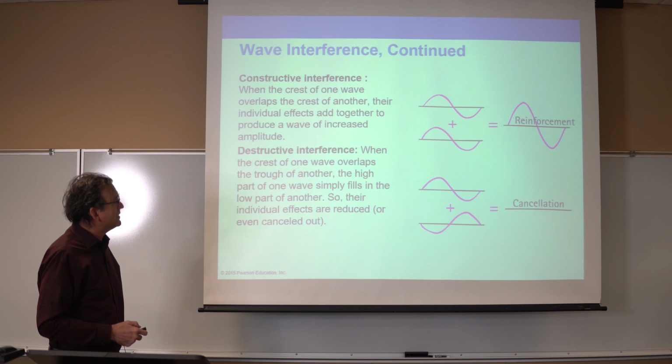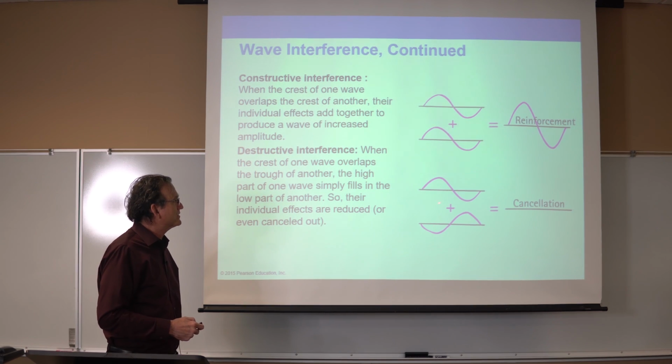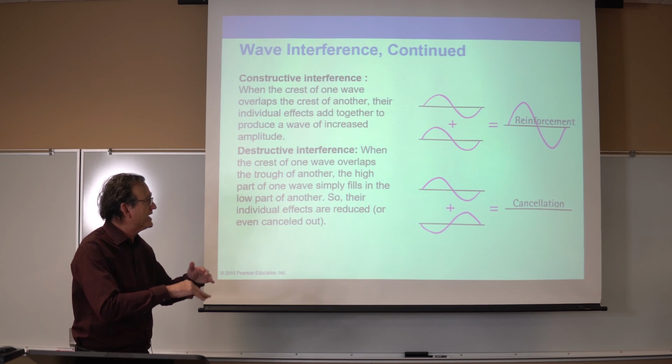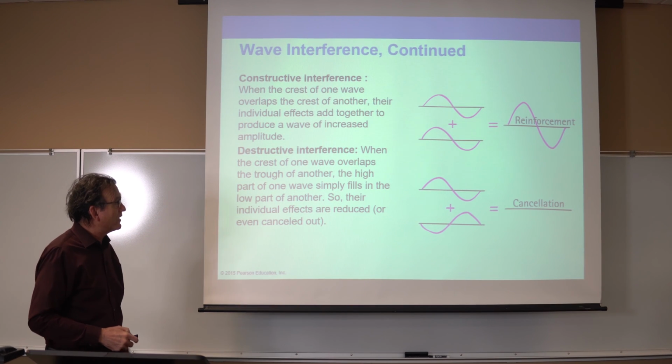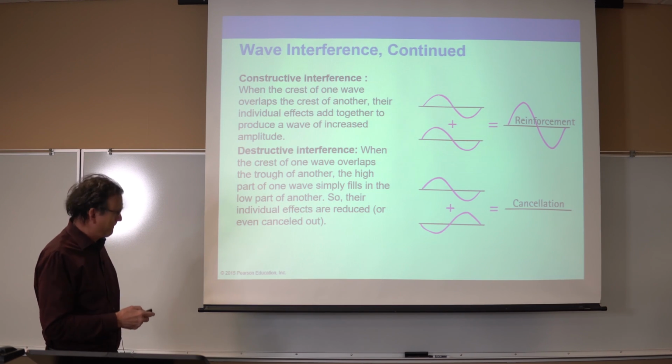In the case of them arriving when they are out of phase, or when the crest of one wave arrives at the point in space where I have the trough of the other wave, the two waves will cancel each other out, and I will get the effect of zero amplitude, or a flat surface on the water.